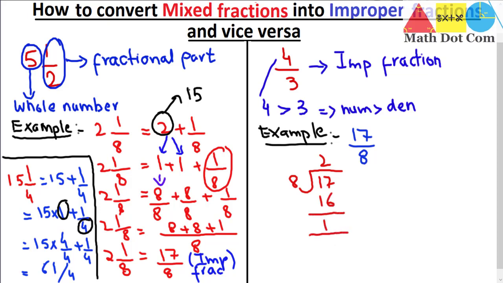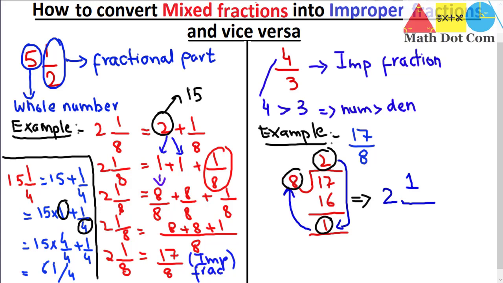The order of writing is this: the quotient 2 is the whole number part, then the remainder 1 is the numerator of the mixed fraction, and then the divisor 8 is the denominator. So we write 2 whole 1 divided by 8.